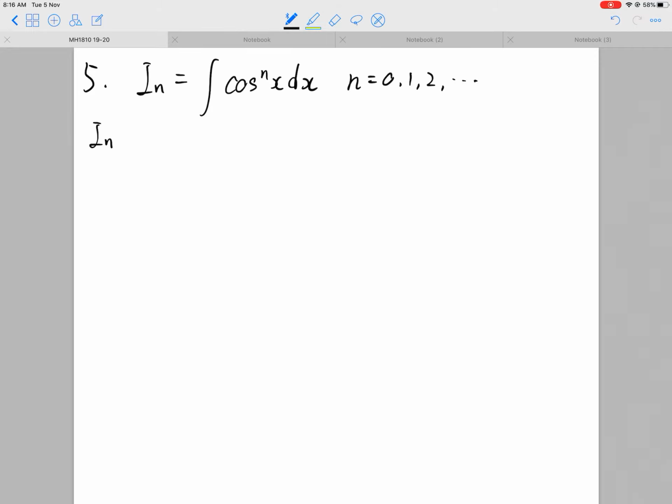I_n is the integration of cosine x to the power of n. Obviously, it's 1 times it, so we can use integration by parts. But if we do that, we may miss a point, because let's look at the formula we want to prove.